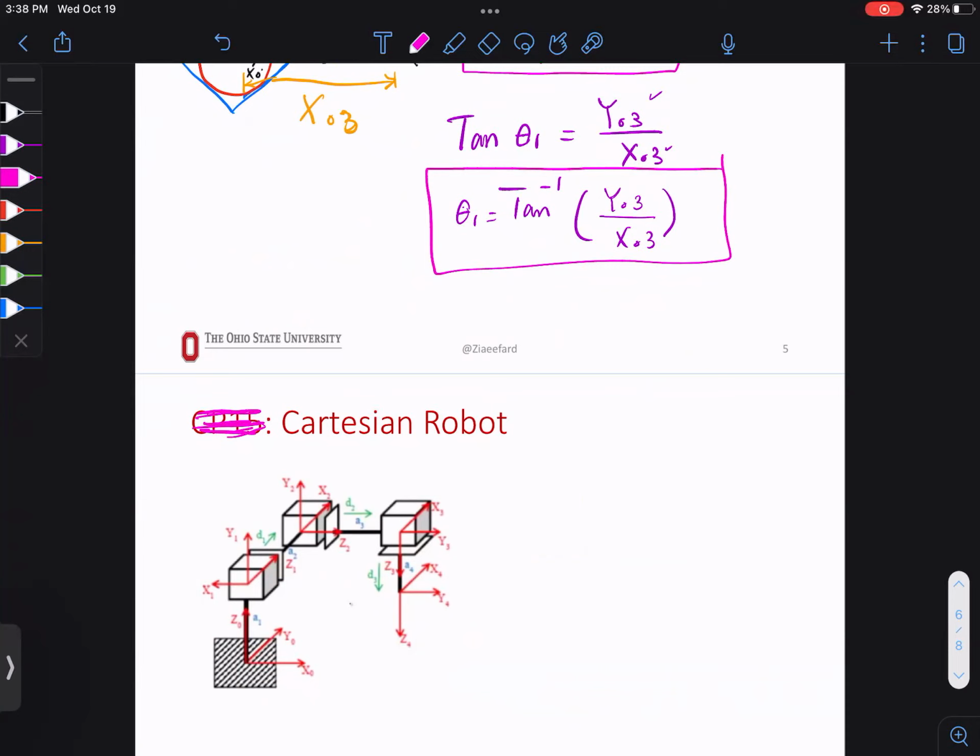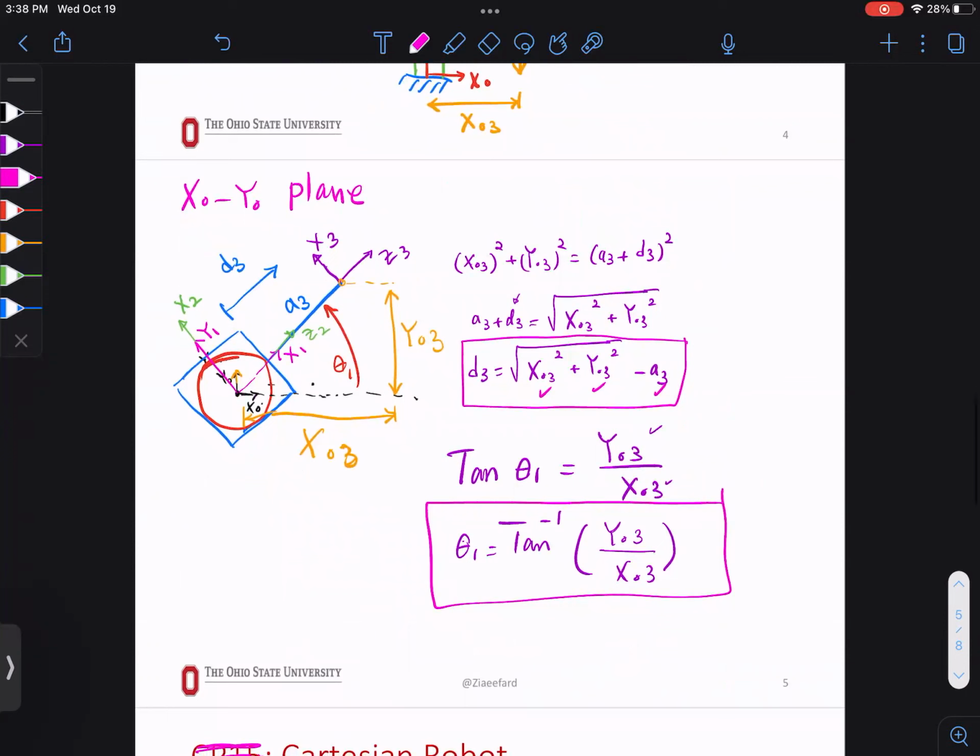Okay, so this is a very simple robot. I brought this for you to practice. So I want you to find the inverse kinematics. Before doing that, the only other thing you need in these kinds of problems is the law of cosines. You know how the law of cosines works?